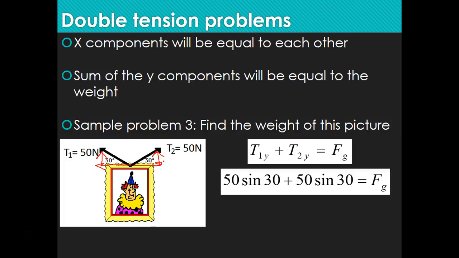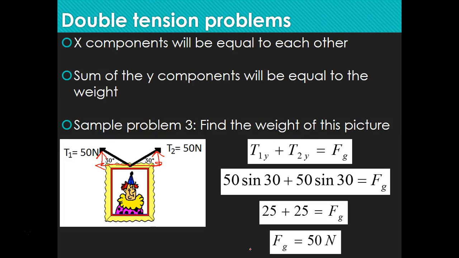The y component of tension 1 will be 50 sine 30, and it'll be the same thing for tension 2, since the two tensions are equal to each other. If you plug those numbers into your calculator, you'll get 25 plus 25, which is equal to 50 newtons. So the answer to this is 50 newtons. That's the weight of the picture.